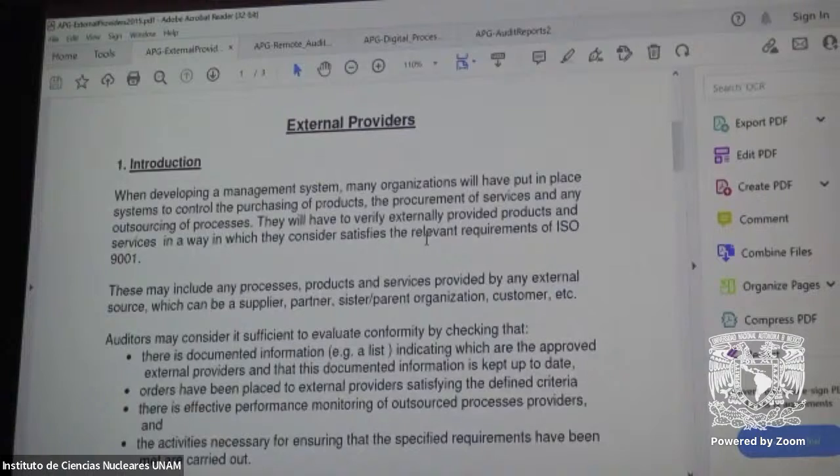All coming back. I'm going to start with the topic of external providers very quickly.